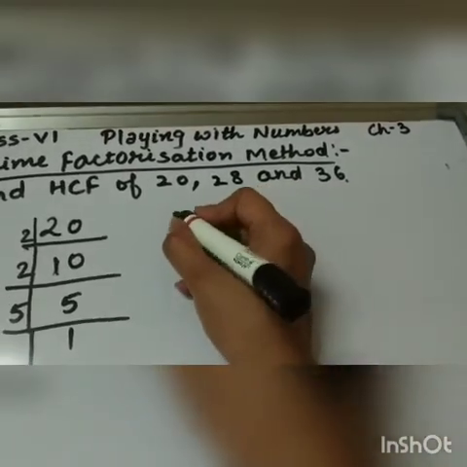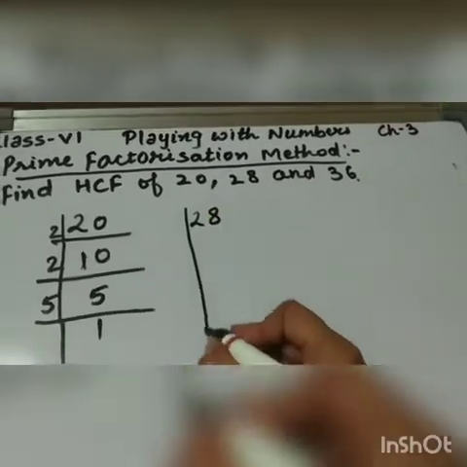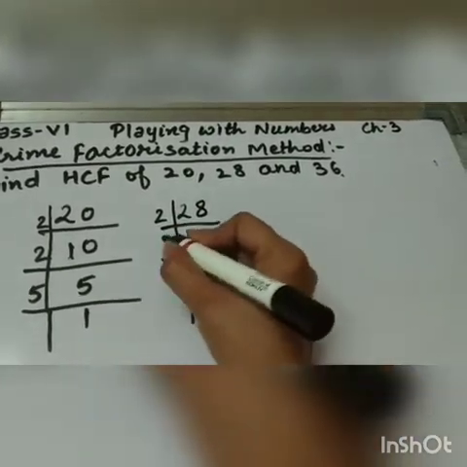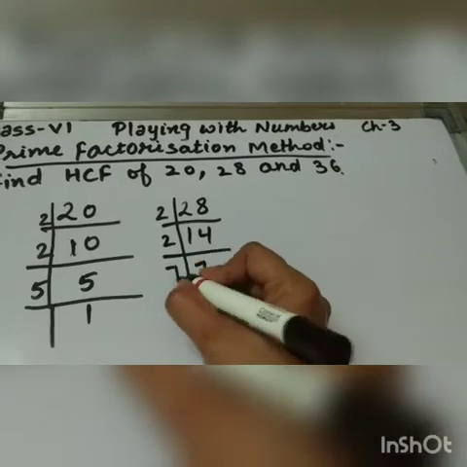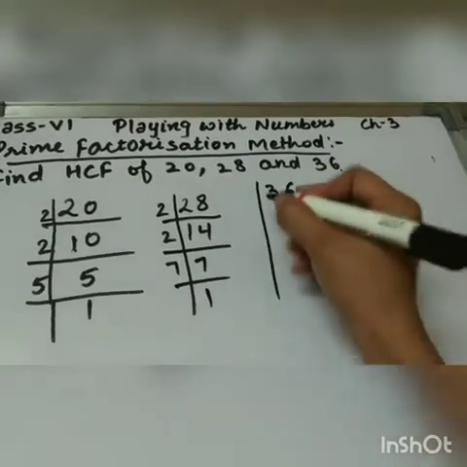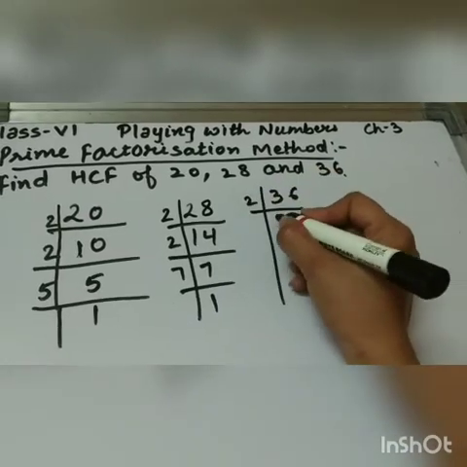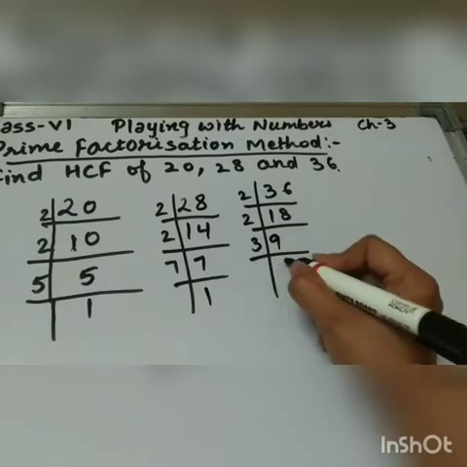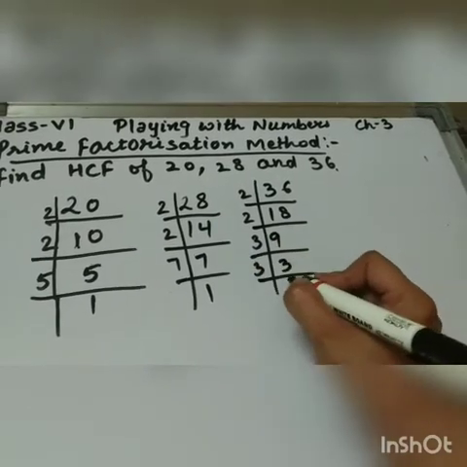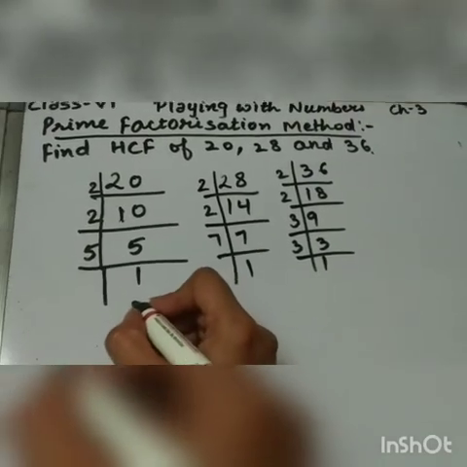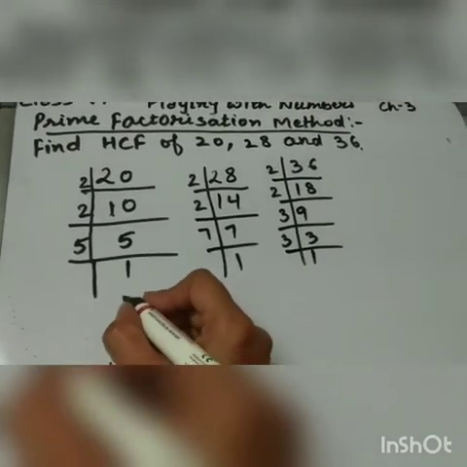Second is 28. Do the prime factorization of 28. 2 ones are 2, 2 twos are 4, 2 fours are 8, 2 sevens are 14, 7 ones are 7. After that 36. 2 nines are 18, 3 threes are 9, 3 ones are 3. Now you will write the prime factors.